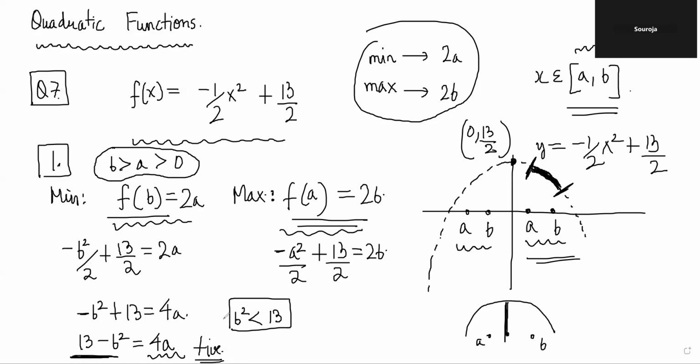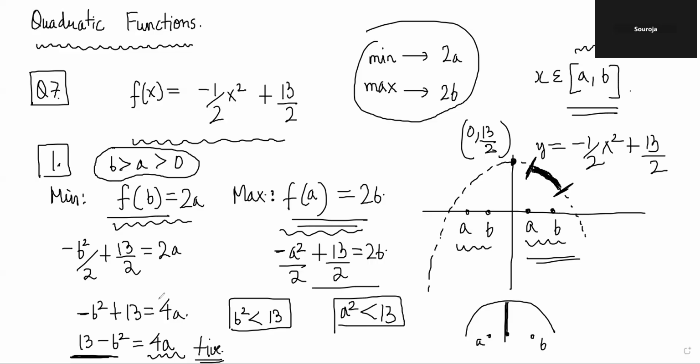So b square is coming less than 13 from here. And from the other equation we will get a similar relationship. a square is less than 13 from here.